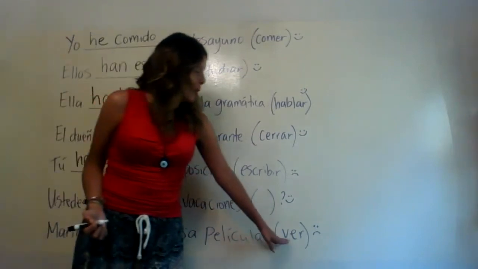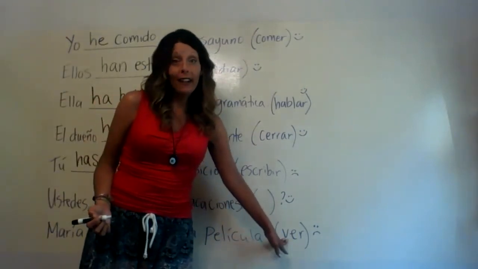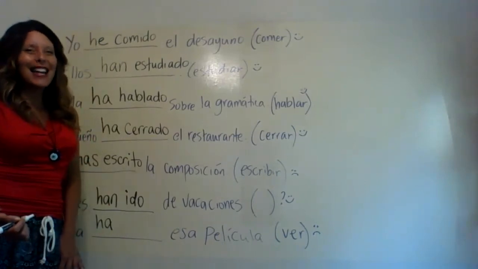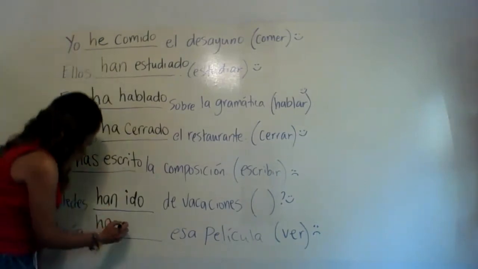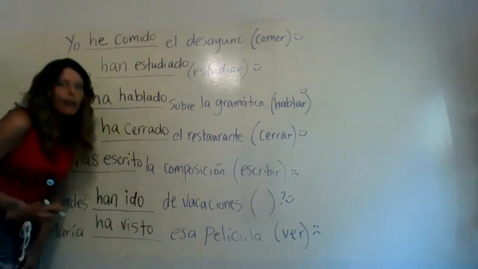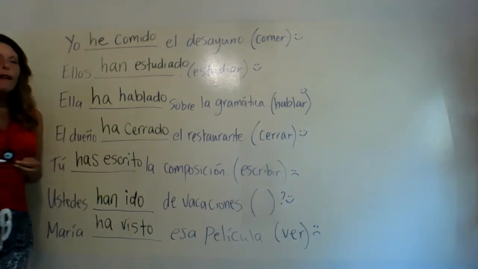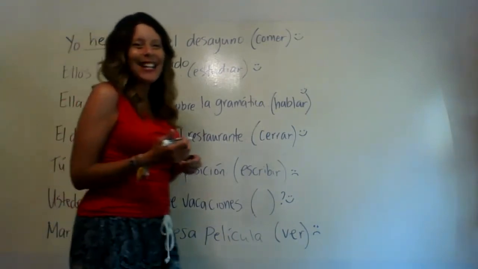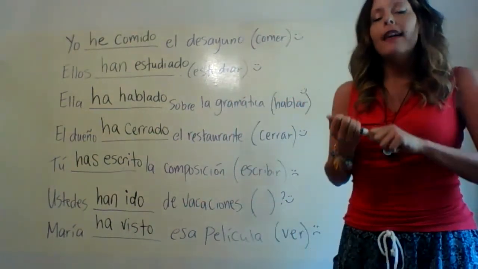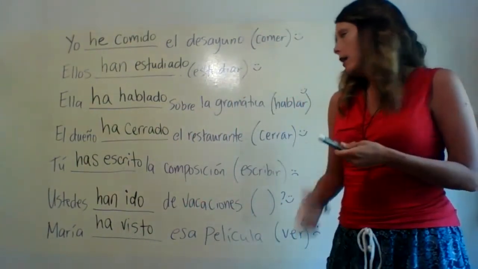The irregular participle for the verb ver in Spanish is visto, V-I-S-T-O. Again, ver as a participle, V-I-S-T-O. And that whole sentence would be, María ha visto esa película.